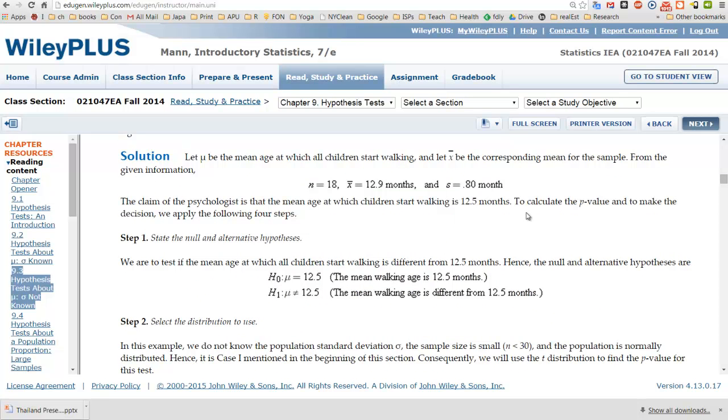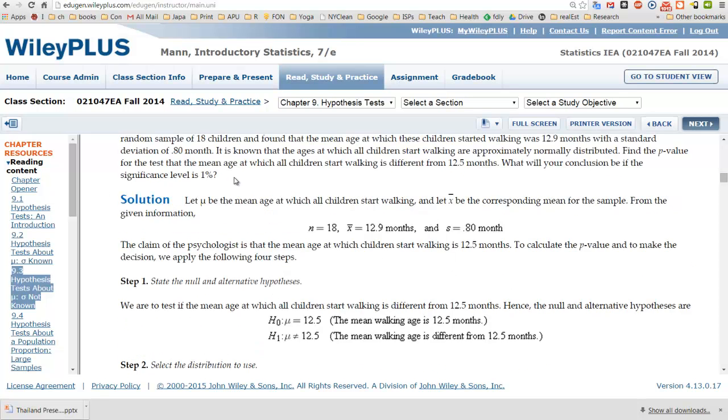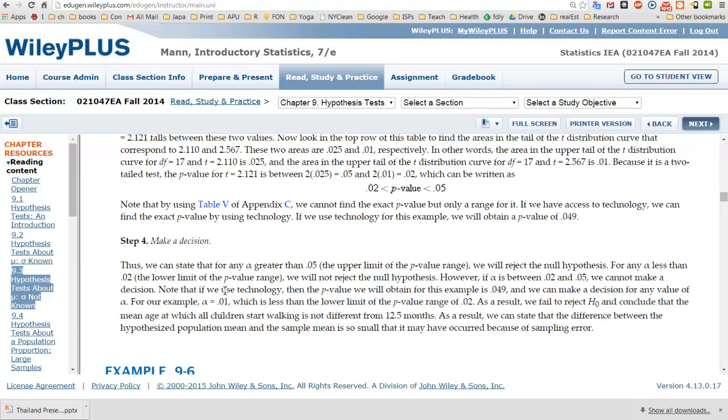I think they said that. Yeah, at the 1%. So depending on what alpha is, we're going to end up rejecting or not rejecting. Remember, alpha is the error level. So if the error level was 5%, then we'd probably reject it.